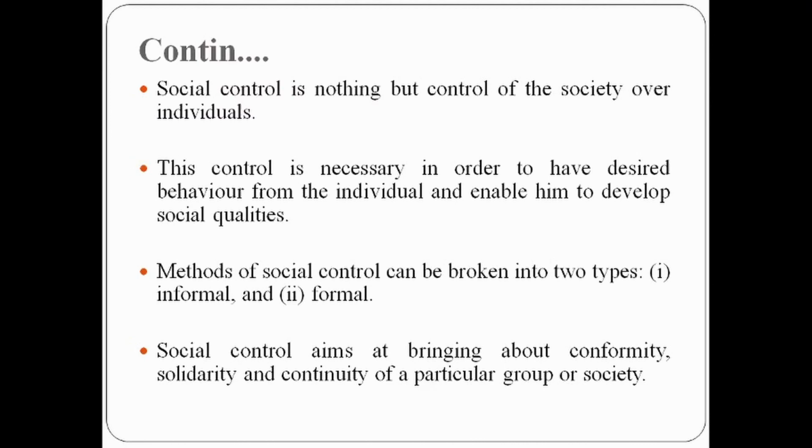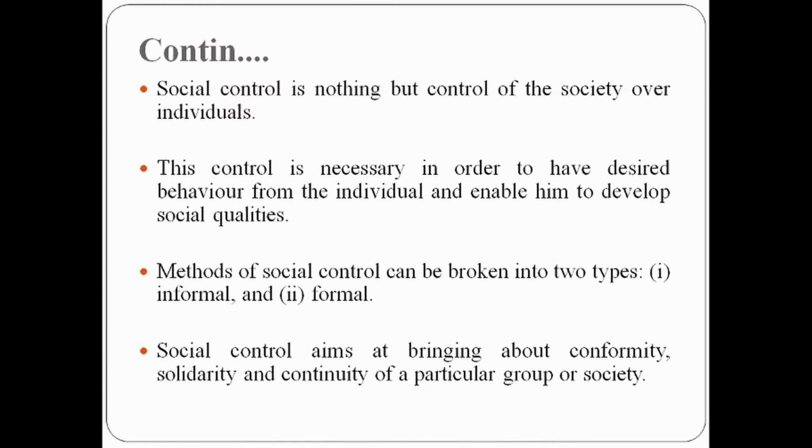Here, a man has to be kept under some sort of social control. This control is necessary in order to obtain desired behavior from the individual and enable him to develop social qualities.